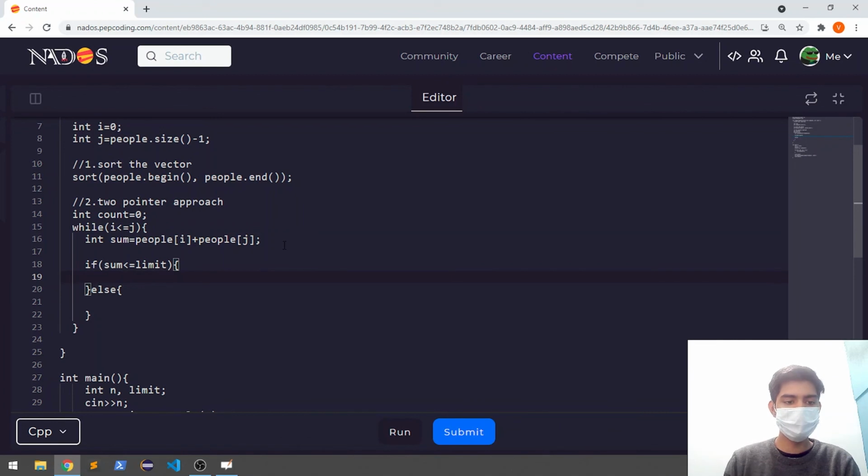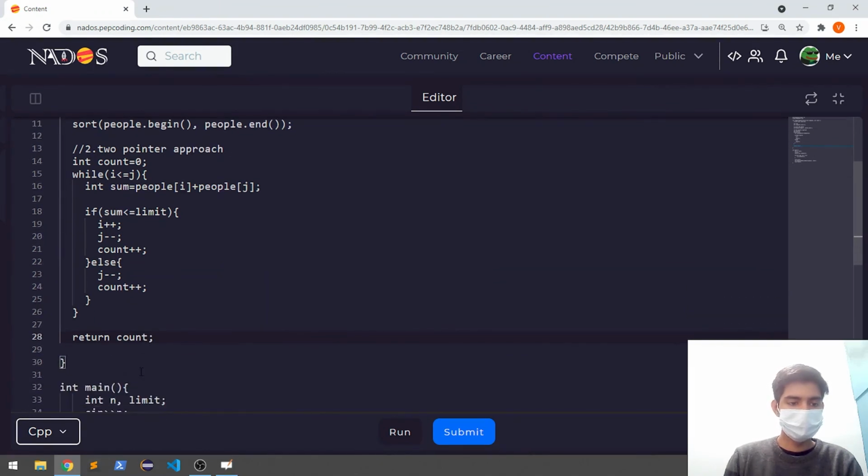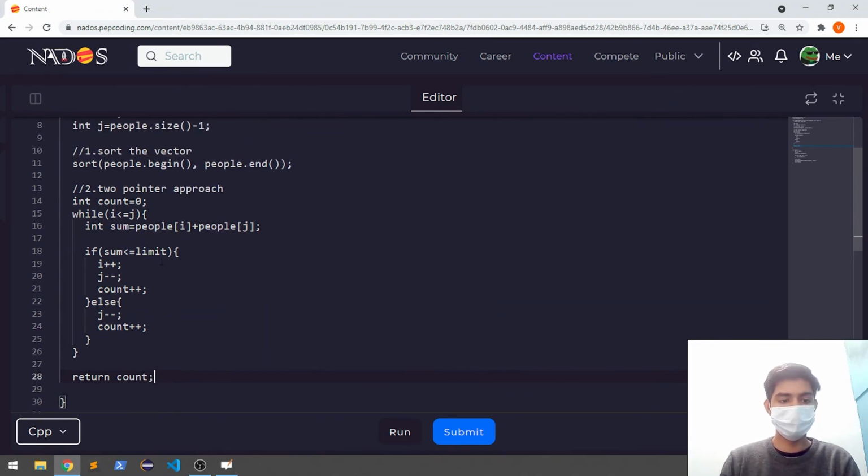If it is less than equals to my limit, then I'm going to increment my I, decrement my j, and increase my count. Hence, I'm going to only decrement my j and increase my count, right? And after this loop, I just need to return my count as my answer. And this is my total answer.